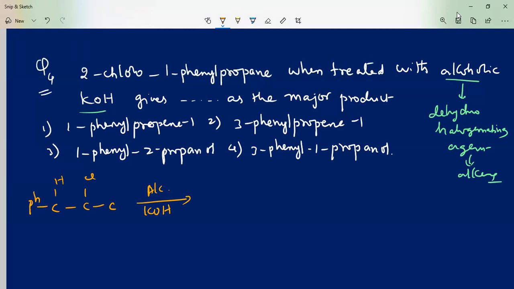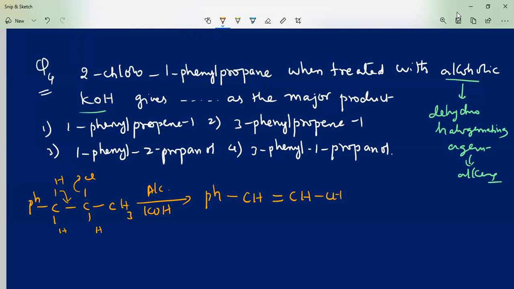So if you remove hydrogen here, the product will be Ph-CH=CH-CH3.